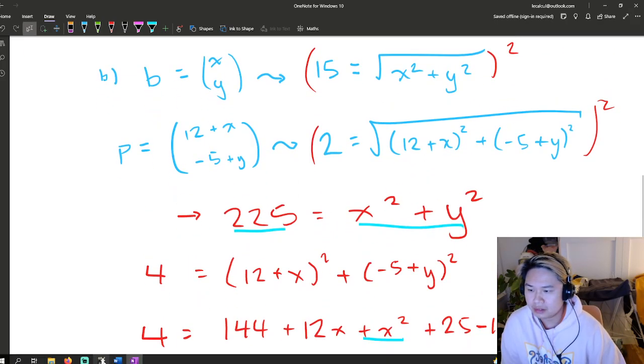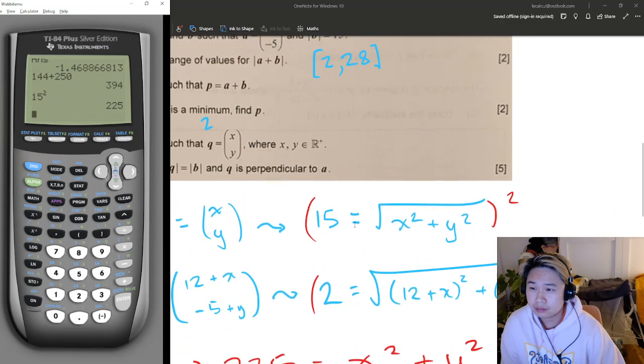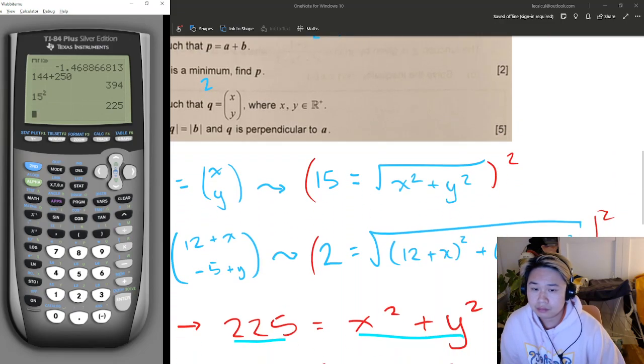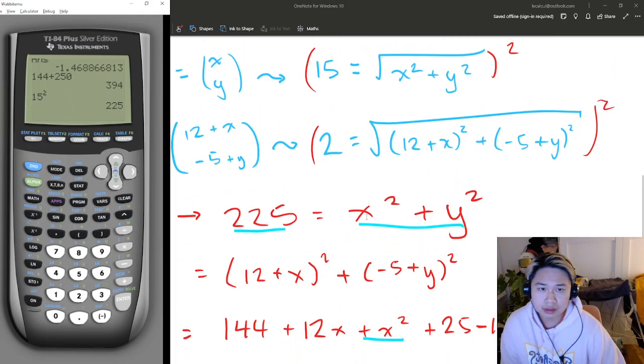Before I continue, I really want my numbers to be right. What I saw is 144.